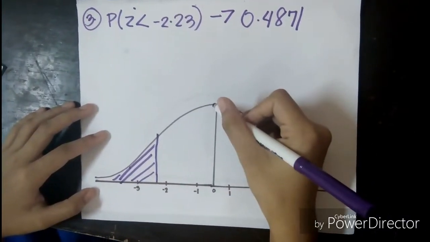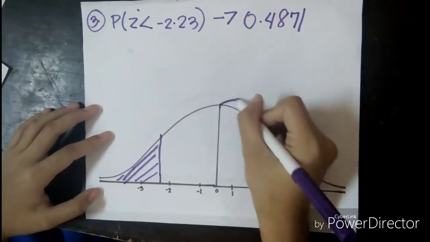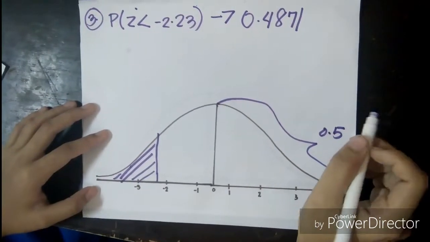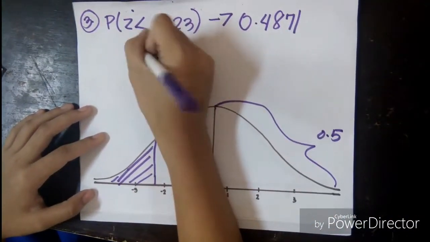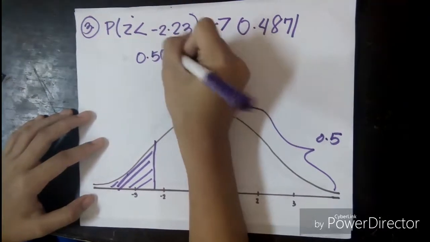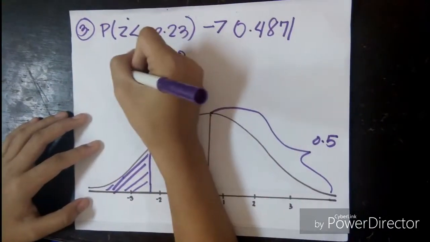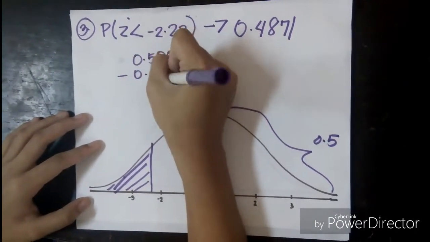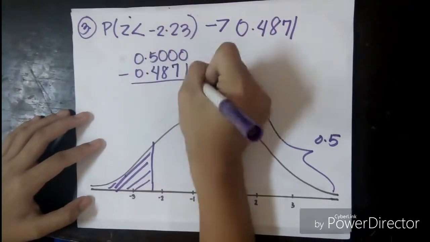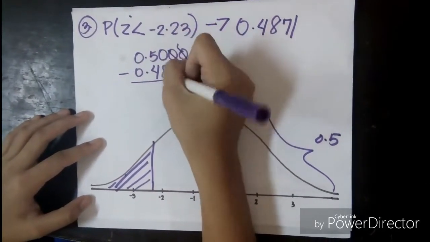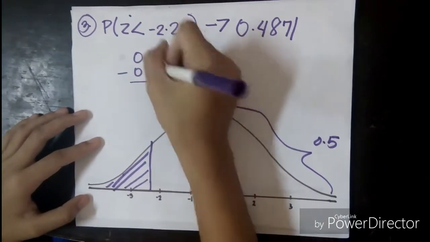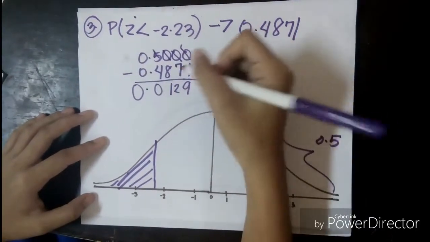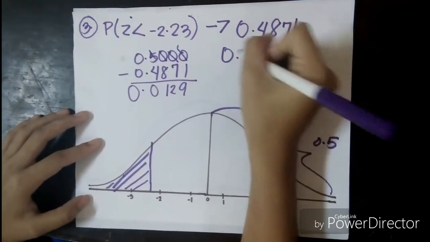We have now the half of the normal curve, which is 0.5, and then subtract the value of negative 2.23, which is 0.4871, from it. And this is our final answer.